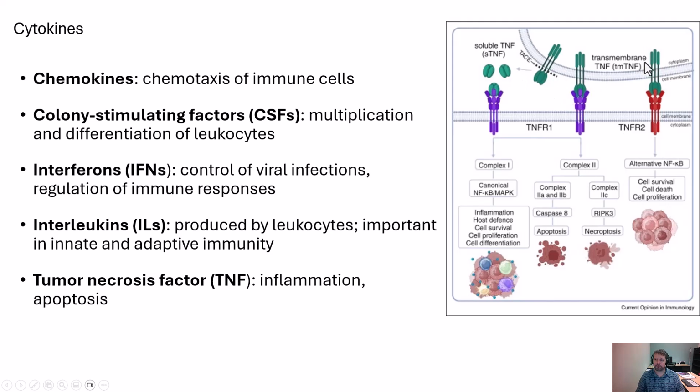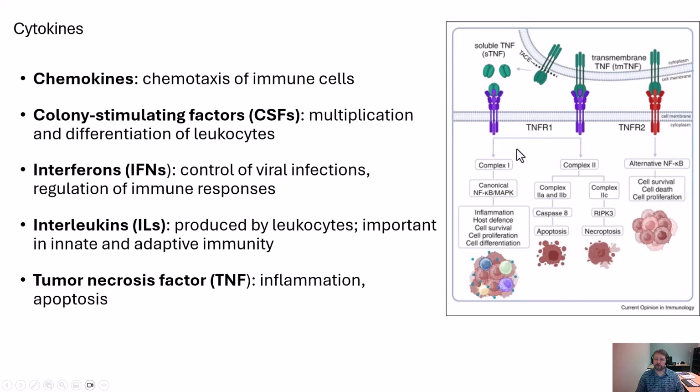So these transmembrane, this here is showing the TNFs, or the tumor necrosis factors, that move or go all the way through the membrane of these cells. They're interacting with other cell membranes, and depending on the interaction, what TNFR they're interacting with will depend what kind of signal is being sent.